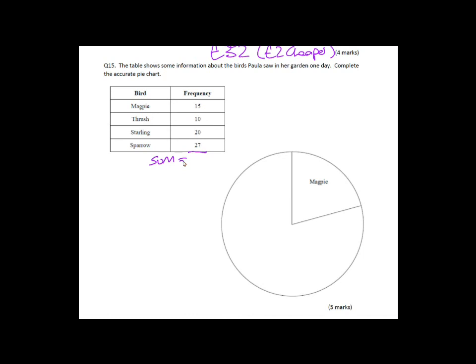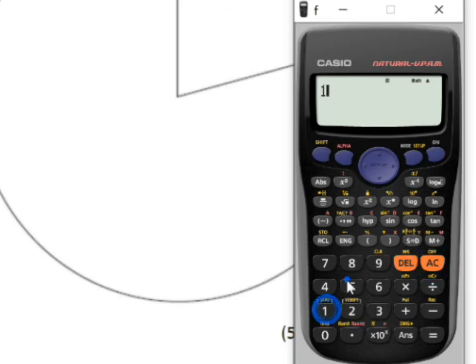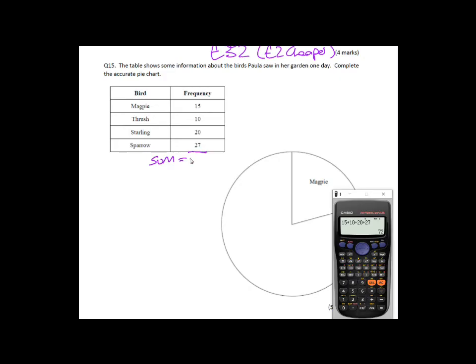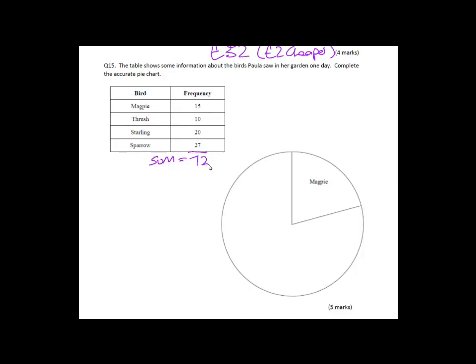So let's work out the sum, which is the total of our frequency. So there are 72 birds that need to go into our pie chart.